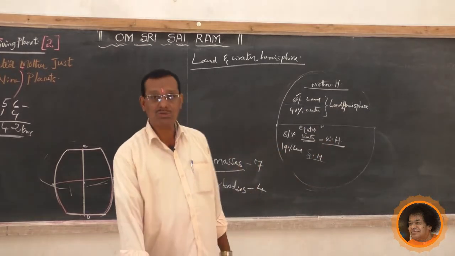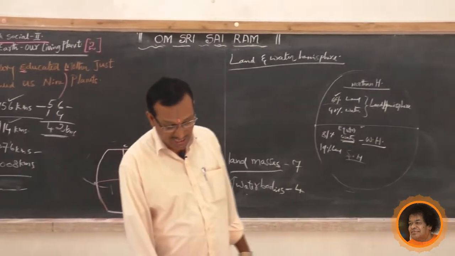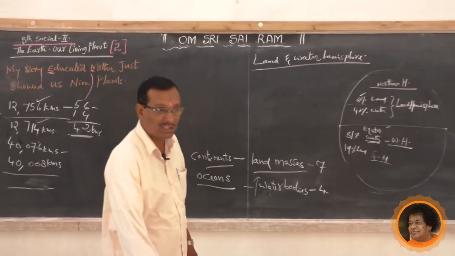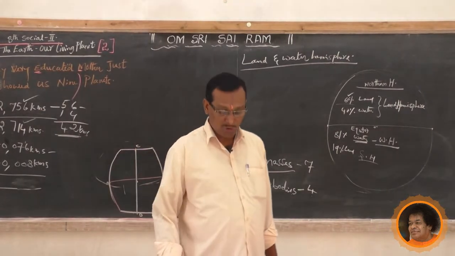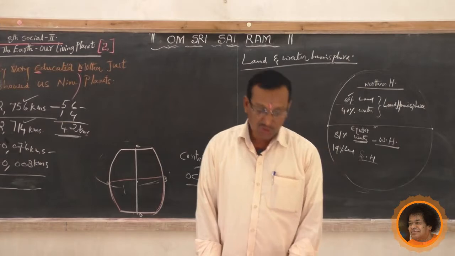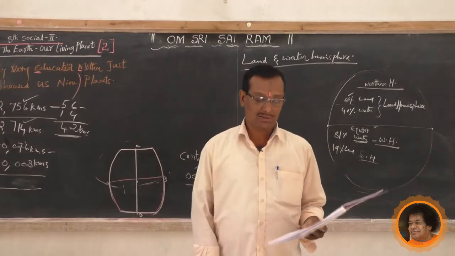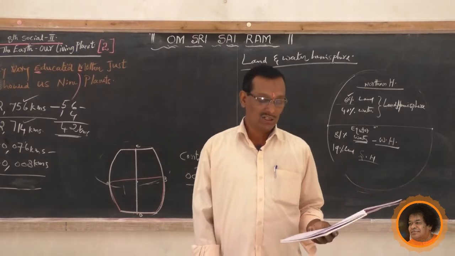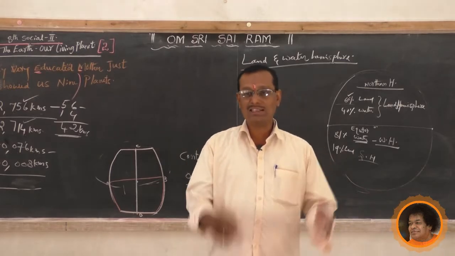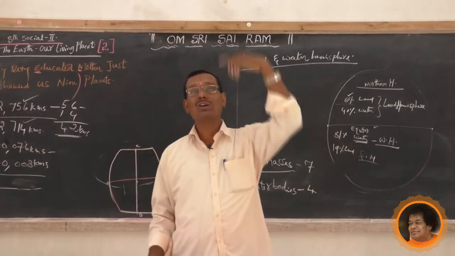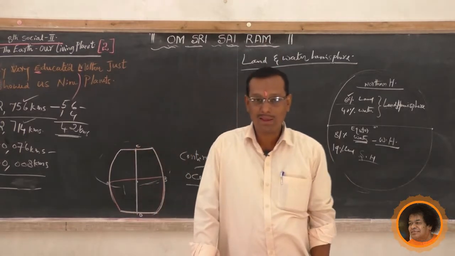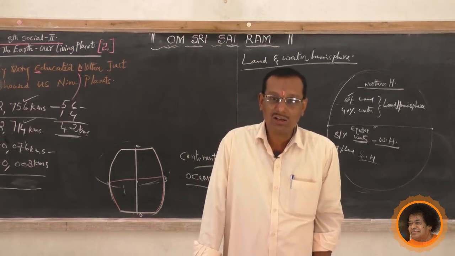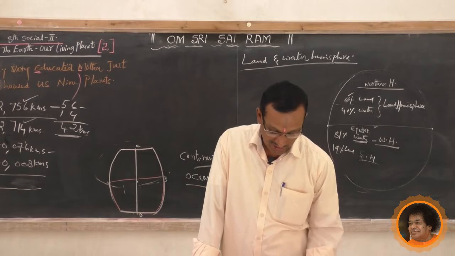Yes, students, now let us come to know about latitudes and longitudes. What is latitude and what is longitude? To know the place, the position, the distance, and the direction, whether it is east or west or north or south, these latitudes and longitudes are very important.